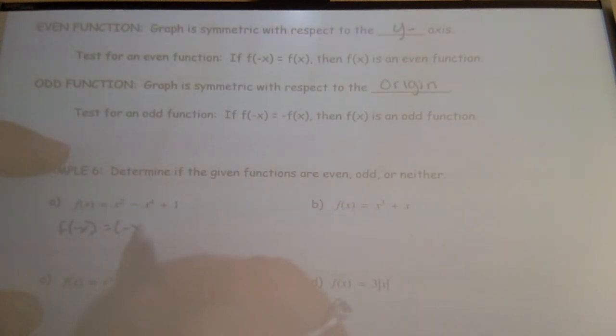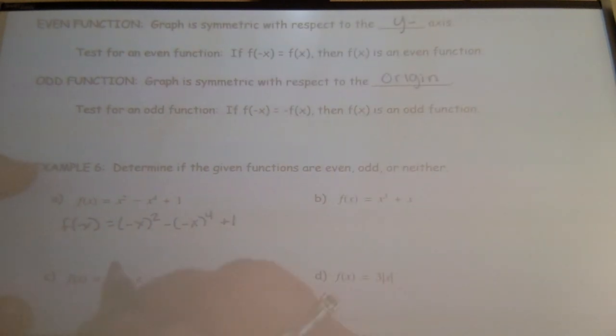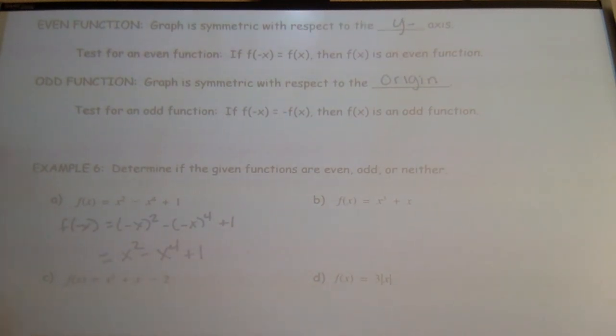So that's going to be a negative x squared minus a negative x to the fourth plus 1. So anytime I take a negative number, raise it to an even power, what happens to the number? It's positive. So is this our original function?